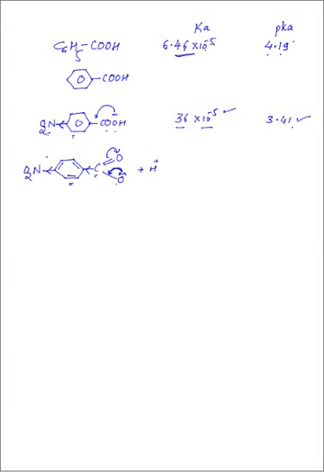So this is due to the NO2 group, which shows negative inductive effect. So if the groups which show negative inductive effect are present, then carboxylic acids are more acidic in nature. If the groups show positive inductive effect, then the carboxylic acids are less acidic in nature.